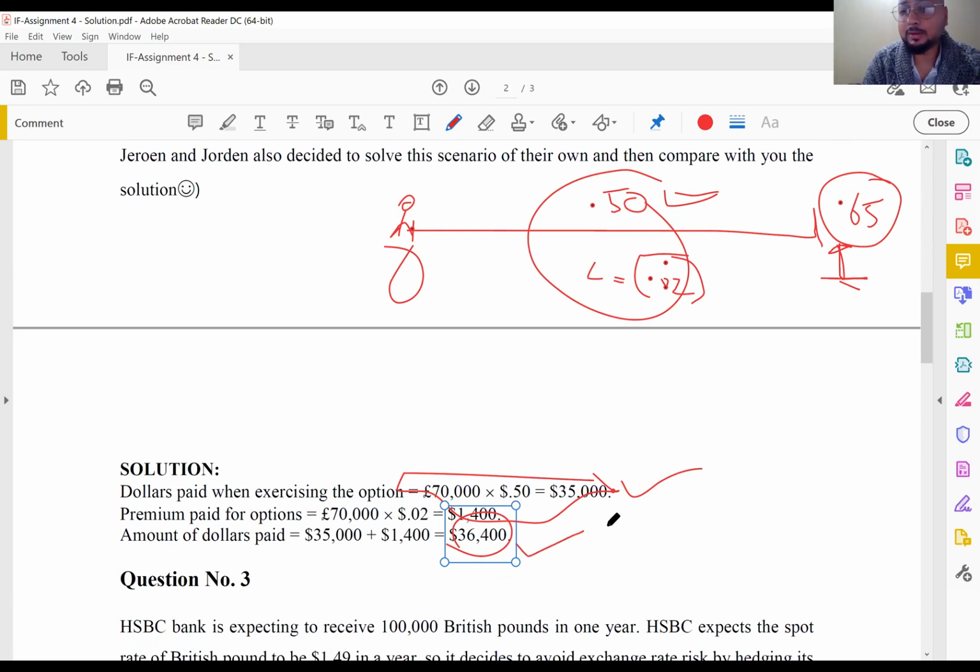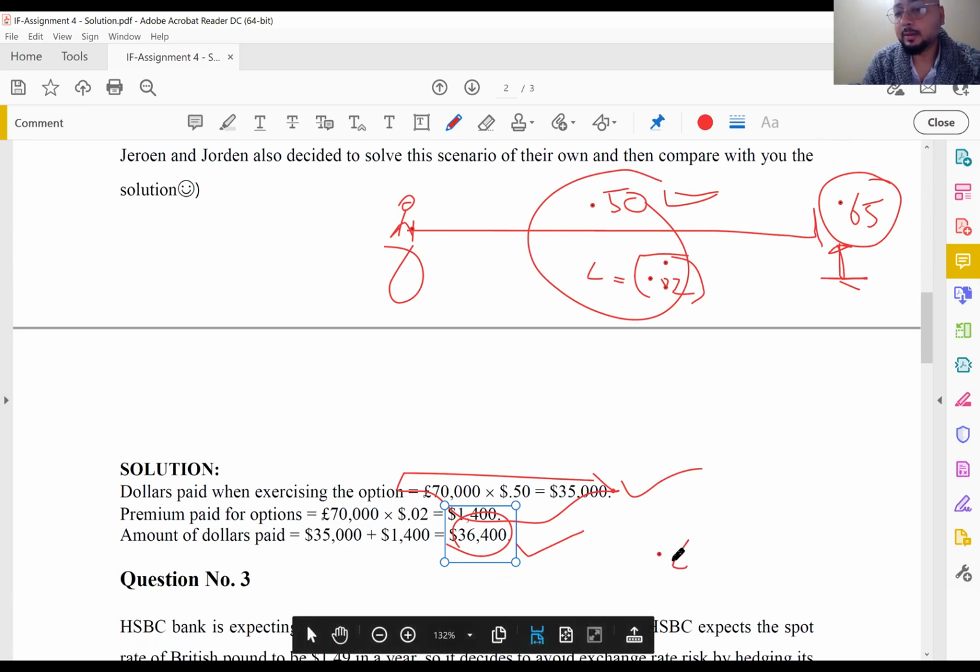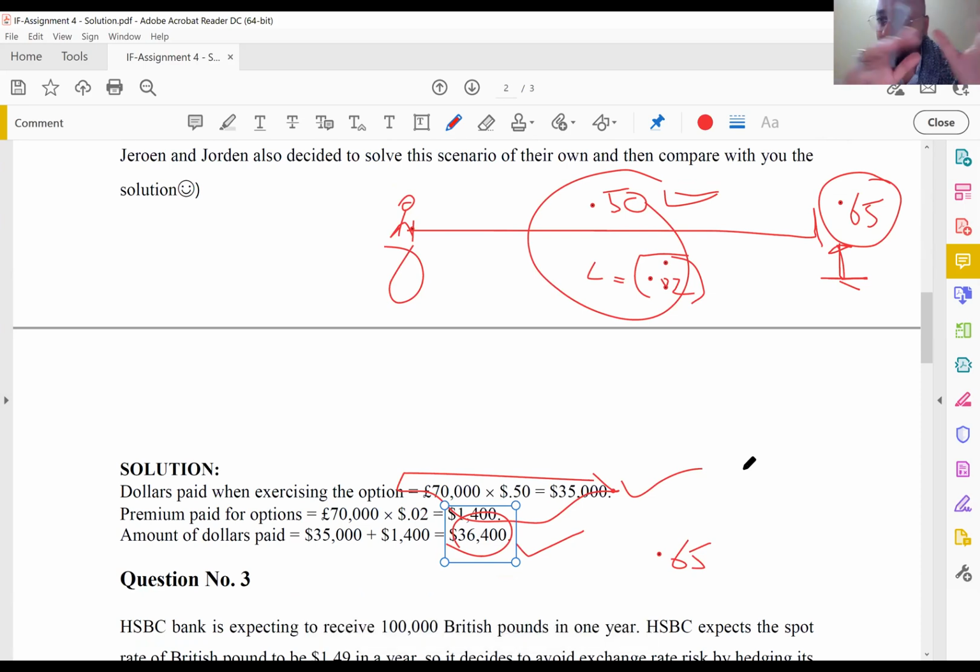So this is your cost. Your profit would be based on 0.65. You buy it from this supplier if the scenario is a different one and you are a speculator. So in speculation, what you would do is exercise the option. You already paid. It's not like you will pay now. No, you already paid. When you enter into an option contract, you already paid this premium, and that is your cost.